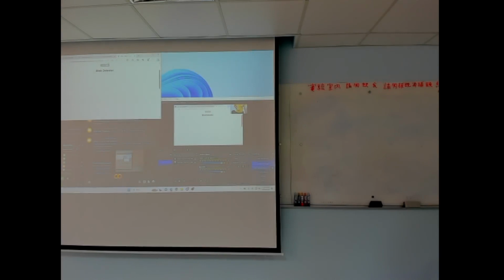It doesn't find OBS. It doesn't allow me to switch to the OBS camera.